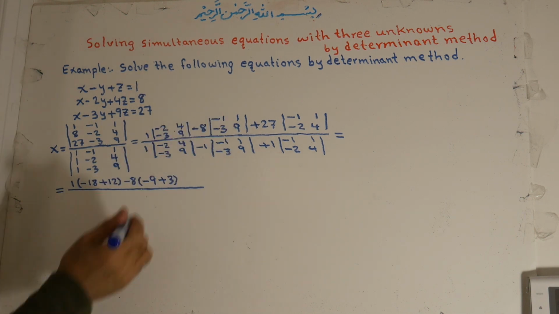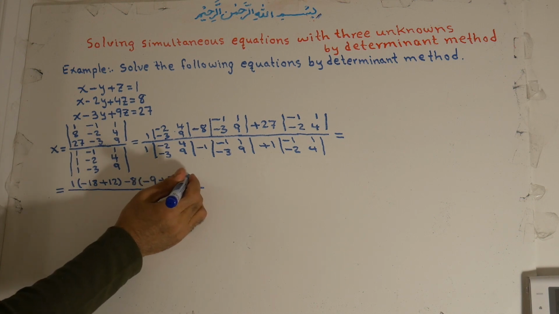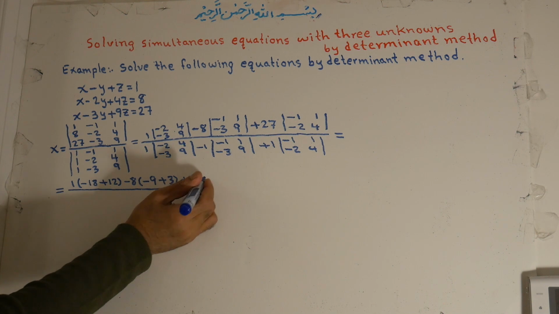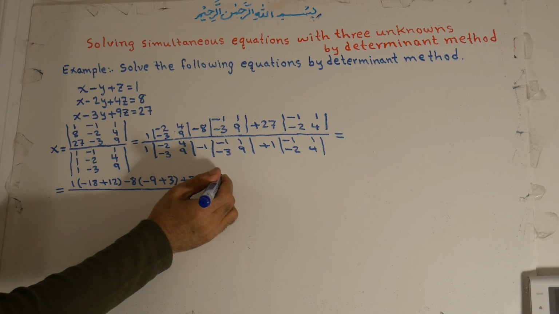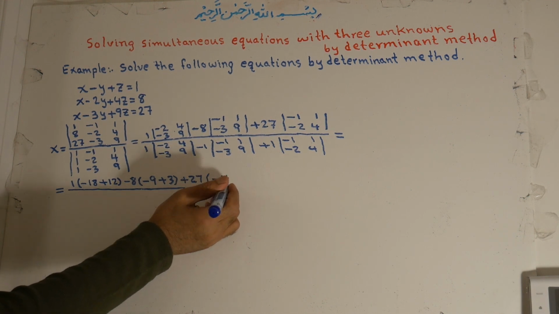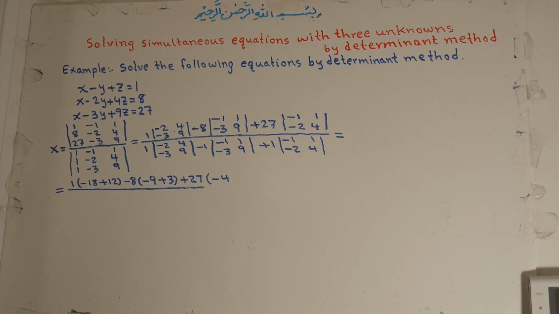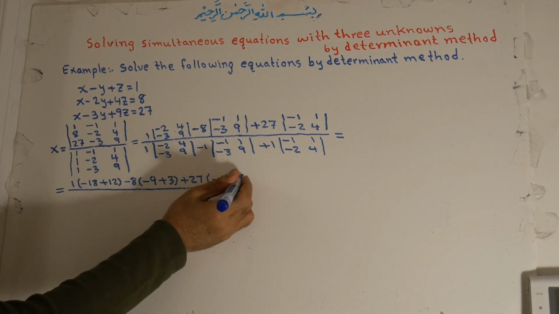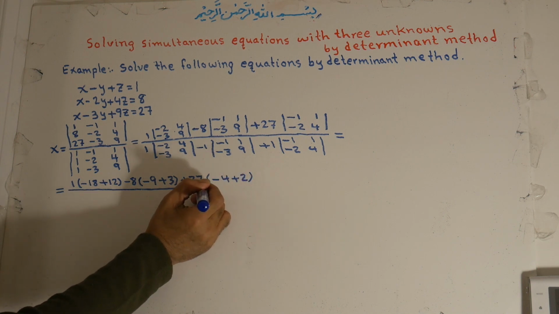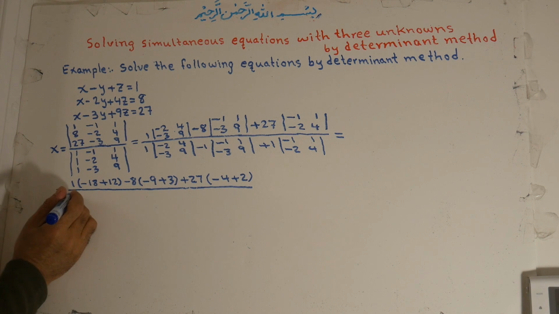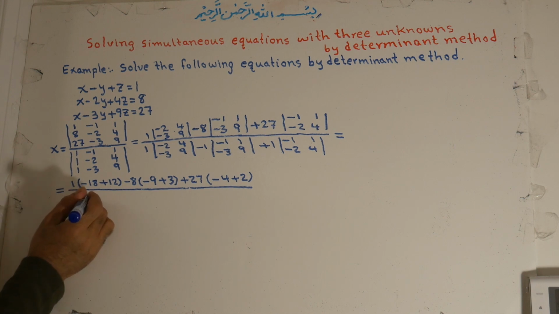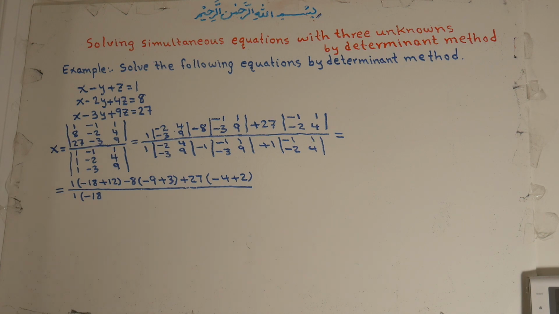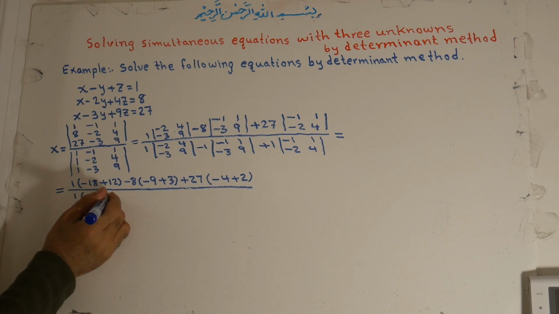And then plus 27 times: minus 1 times 4 is minus 4, minus 2 times 1 is minus 2, with the negative sign becomes plus 2. And for the denominator, 1 times: minus 2 times 9 is minus 18, minus 3 times 4 is minus 12, with a negative sign becomes positive 12.